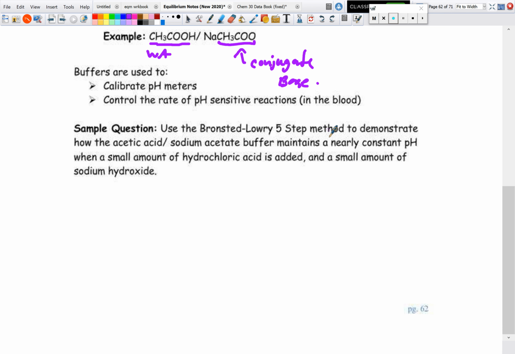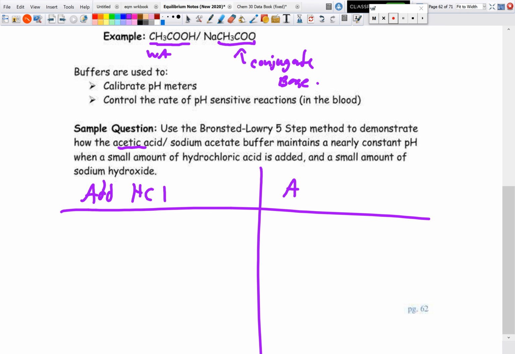Now, just to kind of show you how the buffers actually work, so why they can protect against either an acid or a base getting added to something. So I'm just going to show you how an acetic acid sodium acetate buffer maintains a constant pH when small amounts of hydrochloric acid or small amounts of sodium hydroxide are added. So if we add HCl, add NaOH.